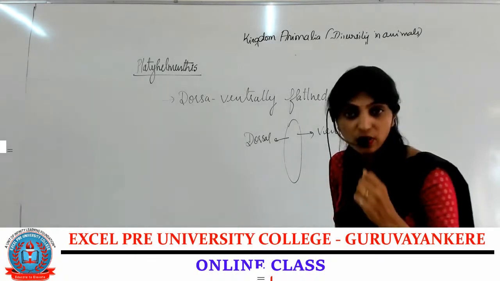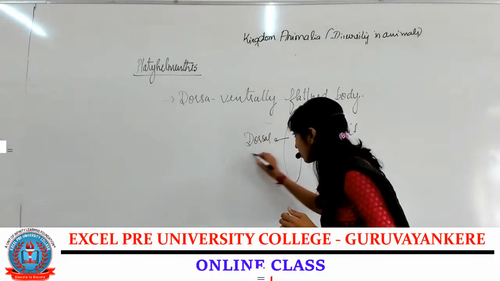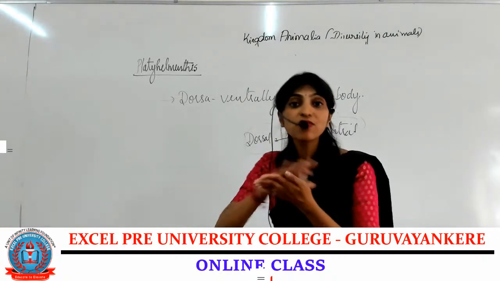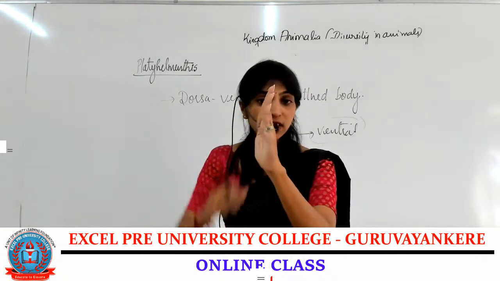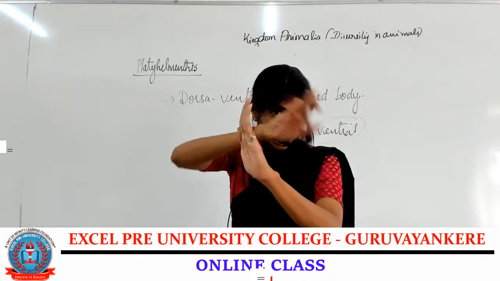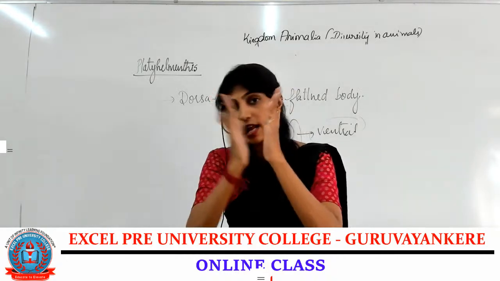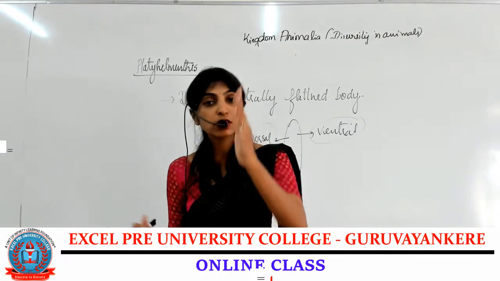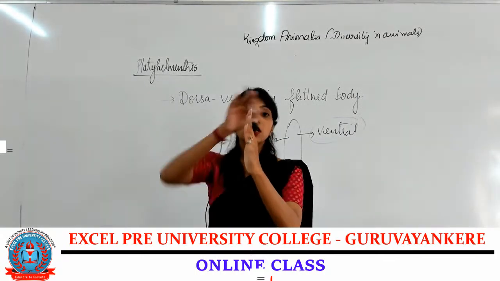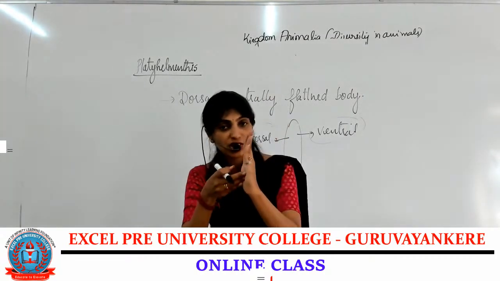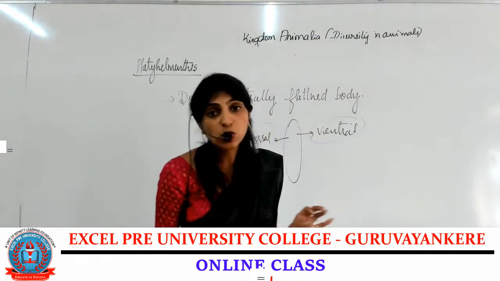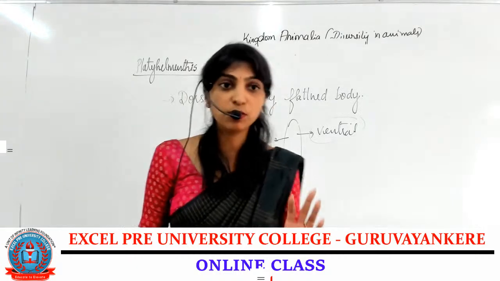Here, the body of the organism is completely flattened dorsally and ventrally. Dorsally it does not have any organ extension, and ventrally also it does not have any organ extension. The animal's body is flattened dorsally and ventrally. That is why we call it a dorsoventrally flattened body.